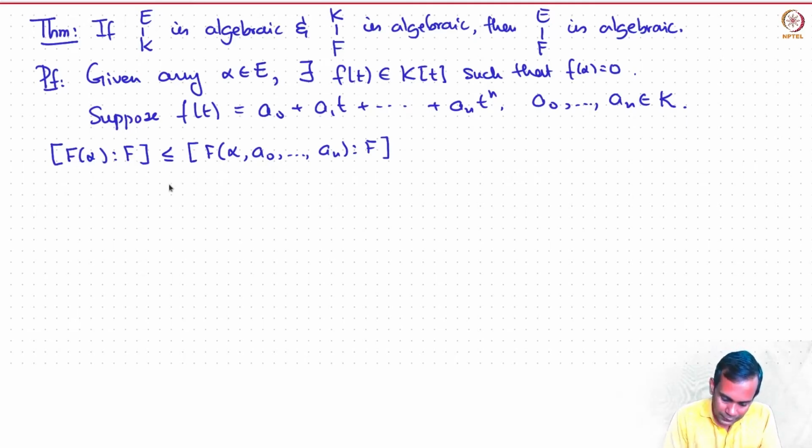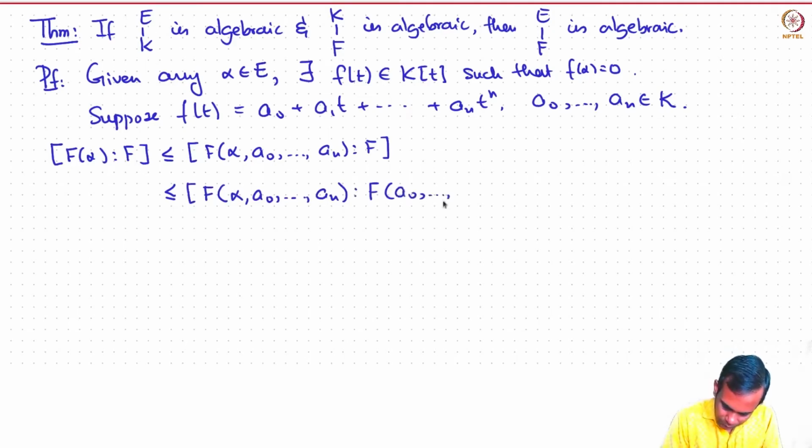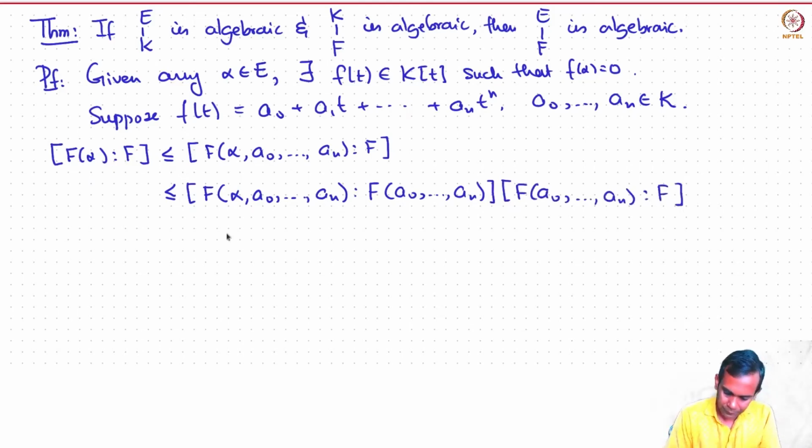Okay, but this is less than or equal to the degree of F(α, a_0, ..., a_n) over F(a_0, ..., a_n) times the degree of F(a_0, ..., a_n) over F. Now this first factor is definitely less than or equal to n, just because α satisfies a polynomial of degree n with coefficients in this field.